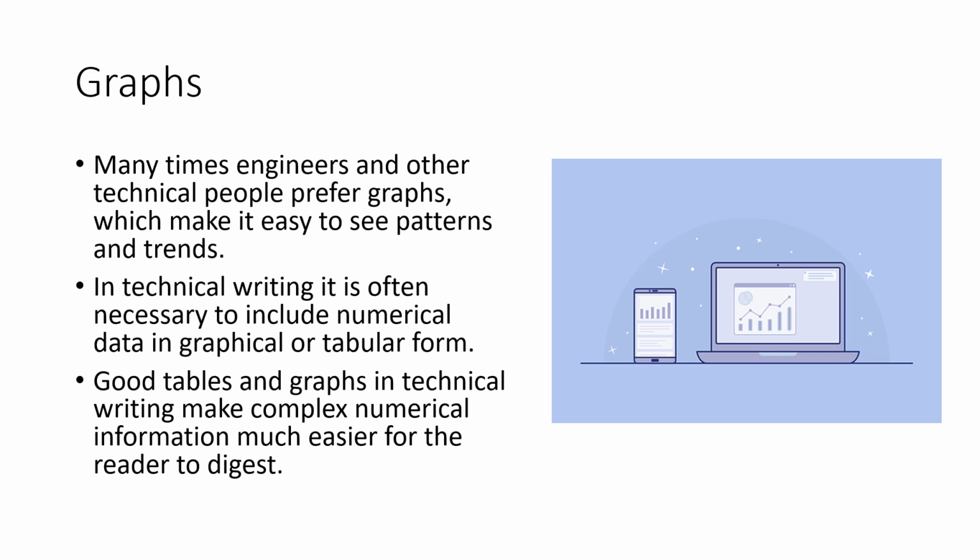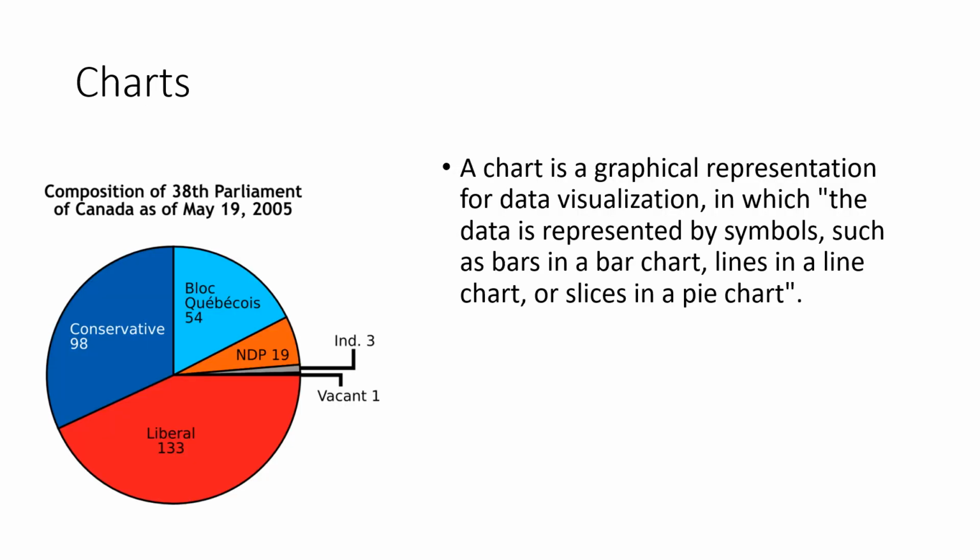But this gives them a general idea of what's going on with the numbers in that report that you're reporting on. So a chart is a graphical representation of data visualization where the data is represented by symbols such as bars in a bar chart, lines in a line chart, or slices in a pie chart. So there's different ways that we can express this information.